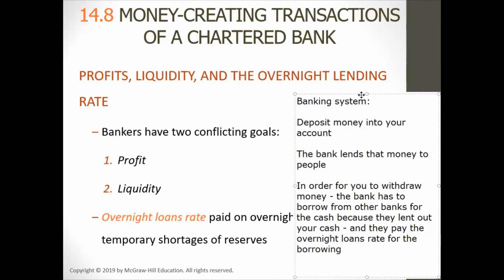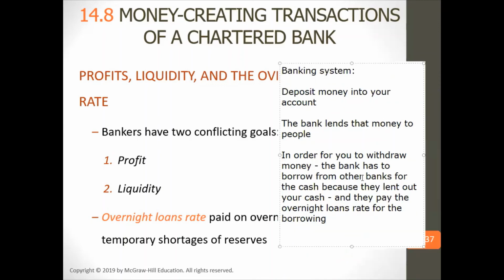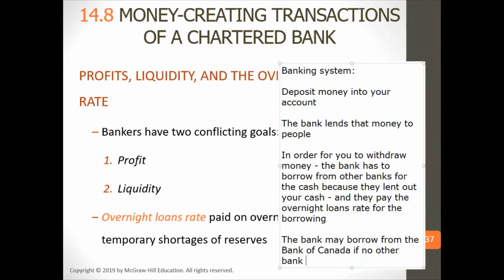But the other banks may not have any cash on hand because they may be lending out that money too. So the bank may borrow from the Bank of Canada if no other bank has any cash on hand, because the Bank of Canada can just print more.